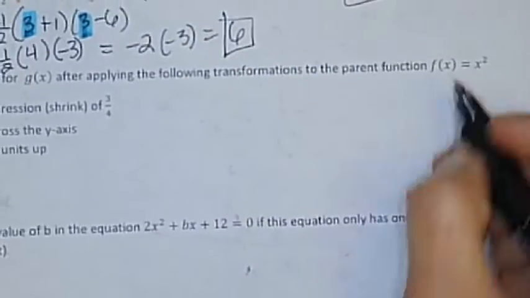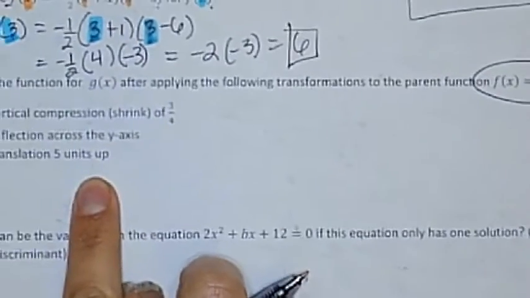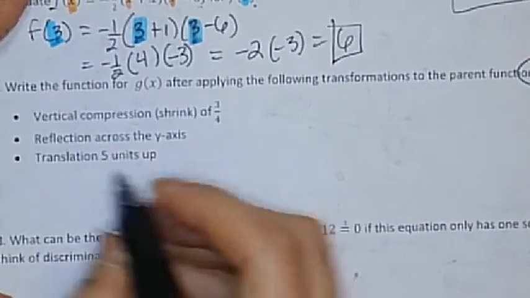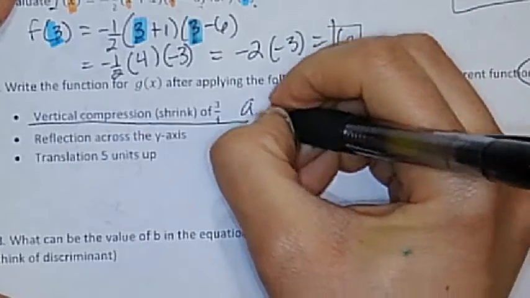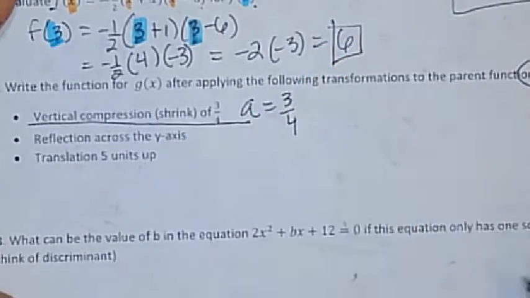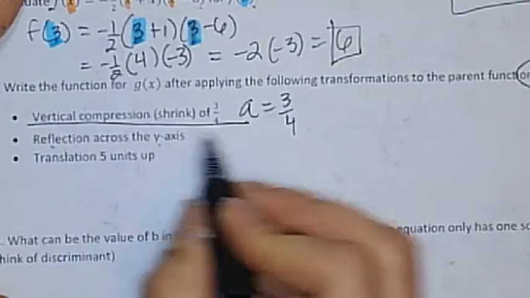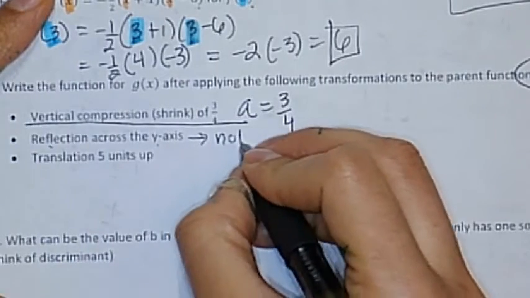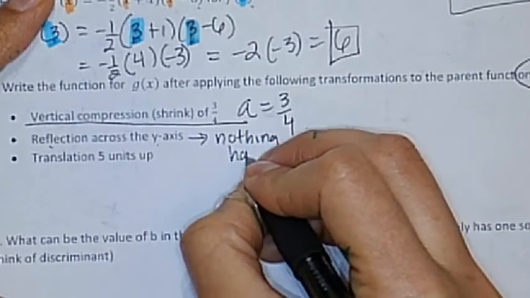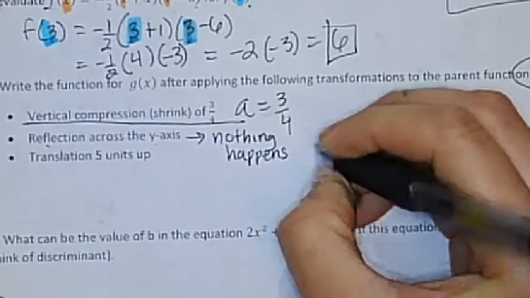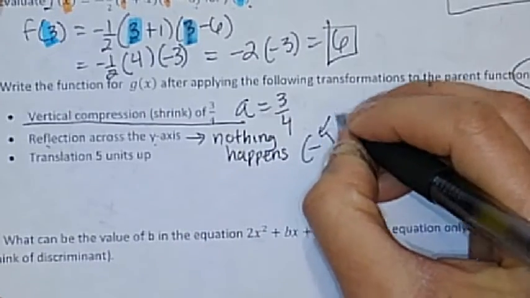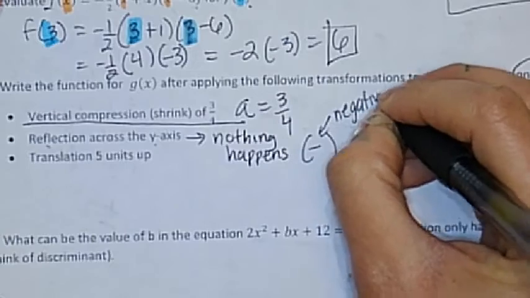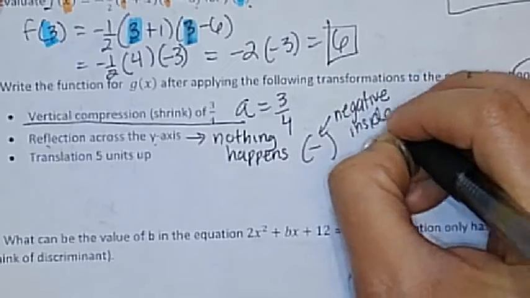Number 7, from the parent we have to do all of this stuff. Okay, vertical compression shrink, that means that A is now 3/4. Reflection across the y-axis, nothing happens. Negative inside.